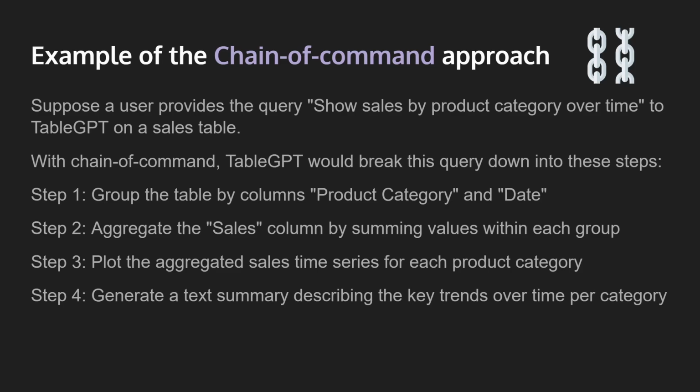And again, the user doesn't have to do anything on their side. It's the large language model taking care of all these steps. And then it's able to plot the aggregated sales time series for each product category. And then finally generate a text summary describing the key trends over time per category.